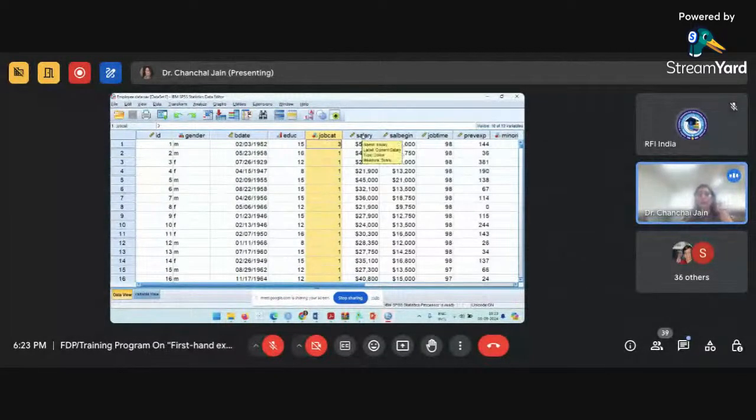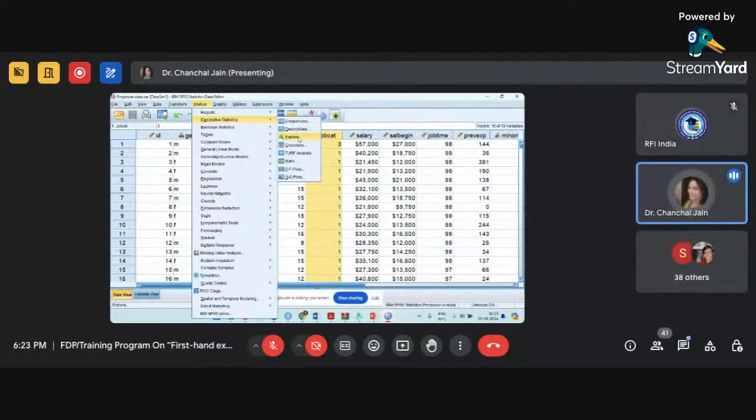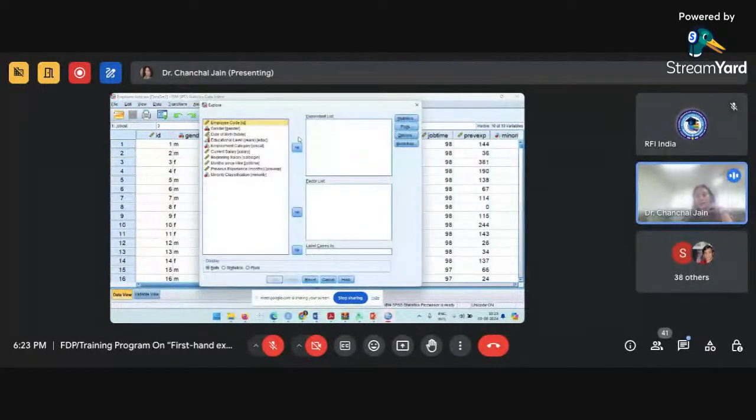Now we can proceed to the assumption check. For checking the assumptions, we need to go to Analyze, click on Descriptive Statistics, and there we will choose which option? Explore. Explore, very correct. Here we have the current salary variable, which is the continuous variable, so we take this variable as the dependent variable.